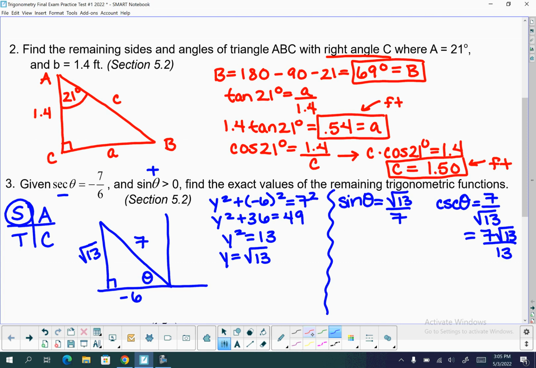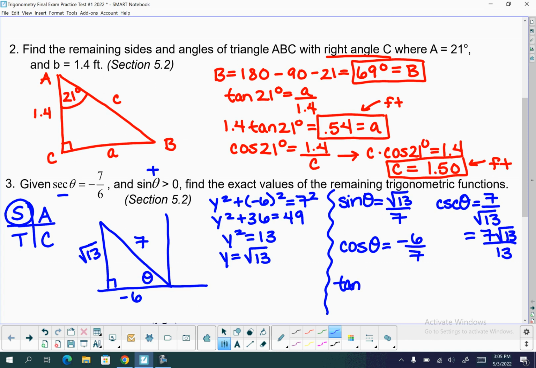Okay. Cosine, this one's easy. This is one you could get without the triangle because we know it's the reciprocal of secant, just negative 6/7. I'm not going to write secant because we already had that one.